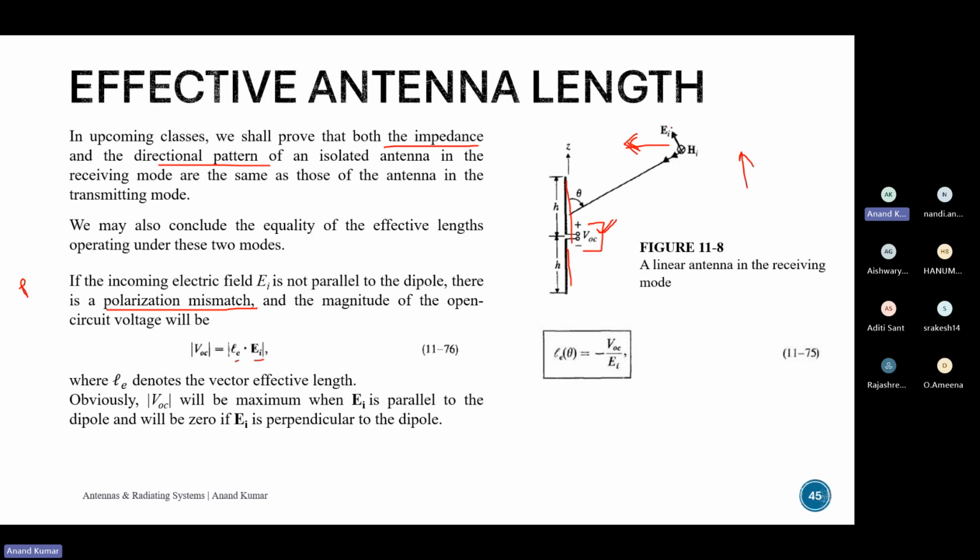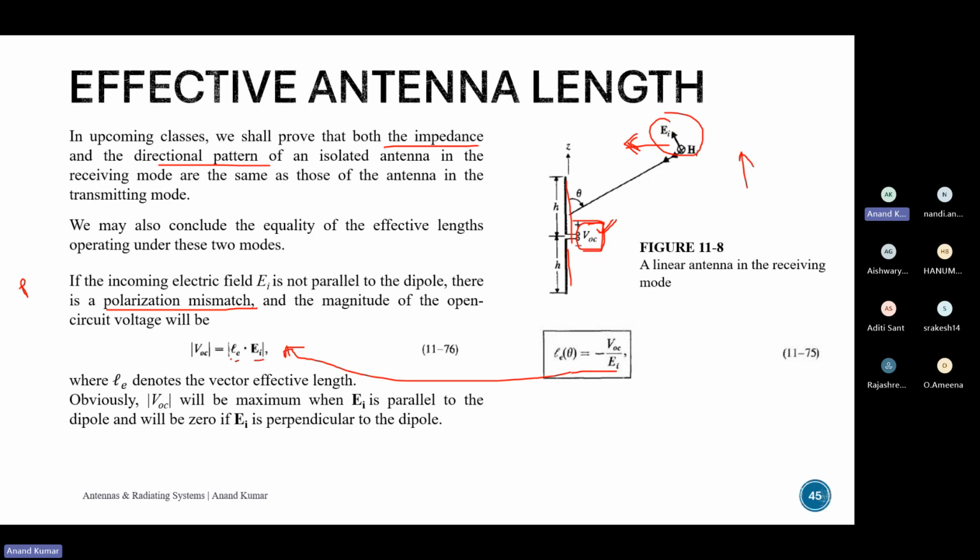So based on the electric field orientation, the voltage received at the port changes, and hence this expression for the effective length can be rewritten to accommodate polarization mismatch as well.